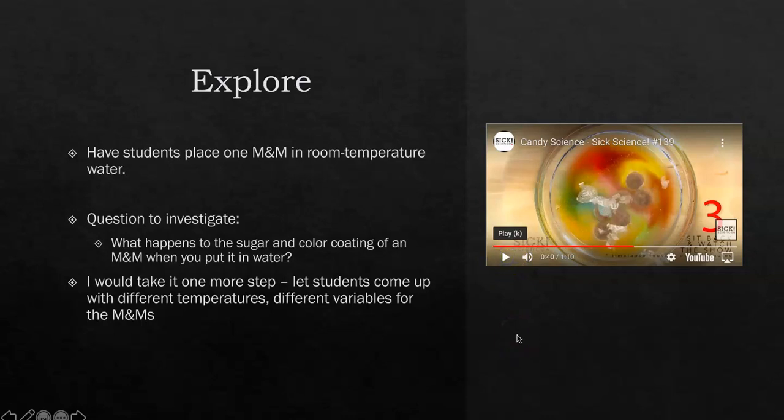So this is the explore part. This could be you modeling. It could also be them doing this as well.